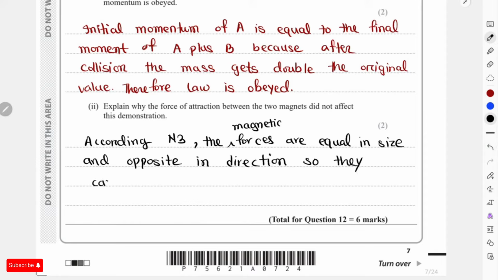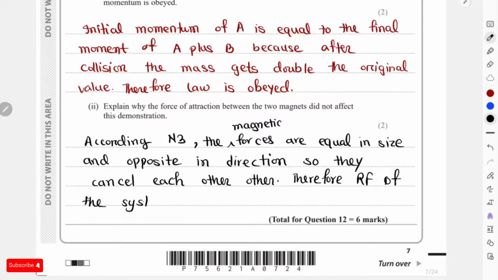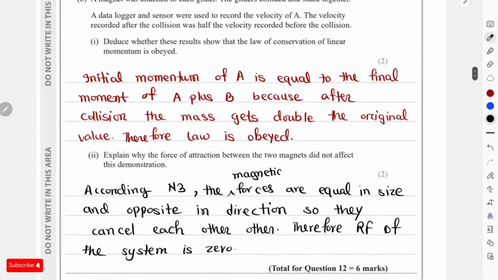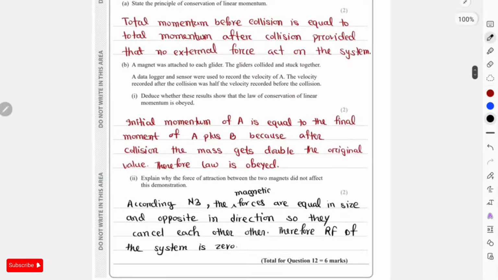So they cancel each other out. Therefore, the resultant force of the system is zero. Right, so this is the final answer for your question 12.